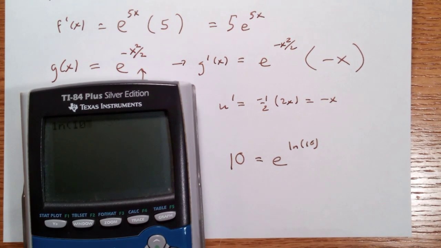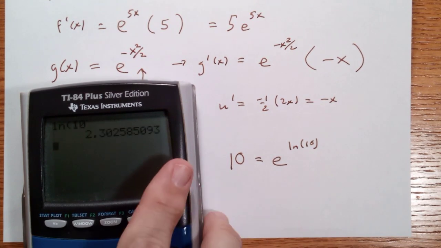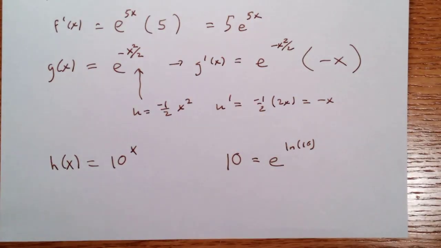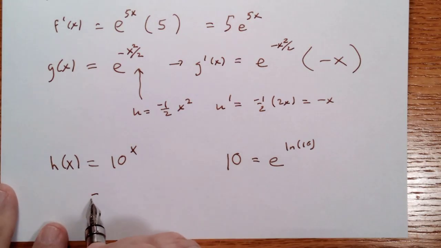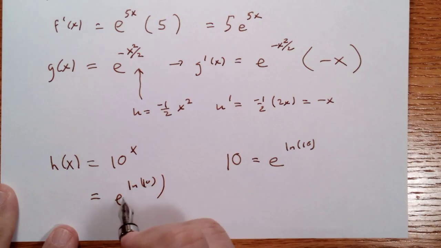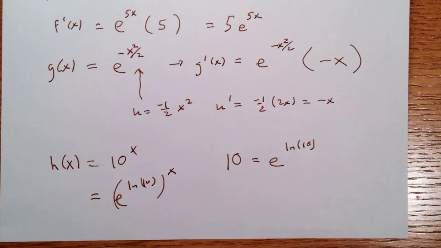ln 10. But I just need to know it's a number, right? That's the important part. This is a number. And that makes this function e to the ln 10 to the x. What happens when I have a power inside a power? Right.